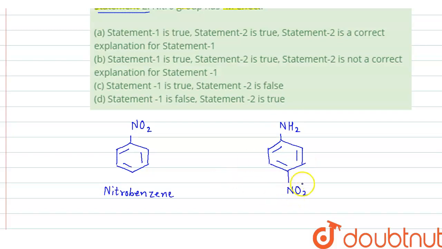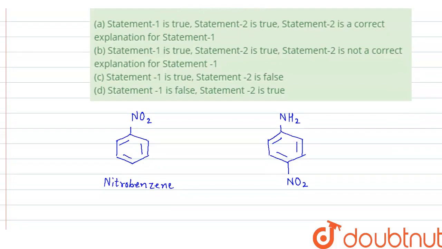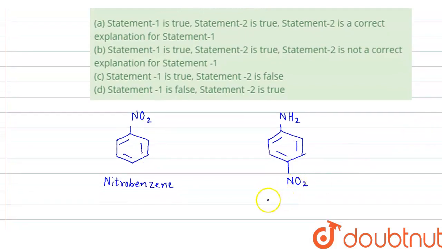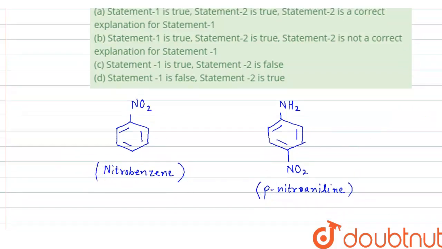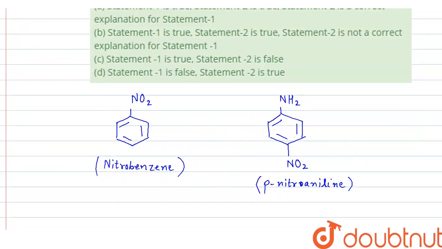This is para-nitroaniline, right? We have to find out which of the two is more polar. Now for polarity, we have to see their dipole moment.